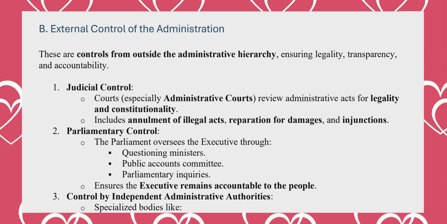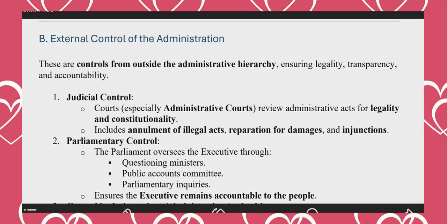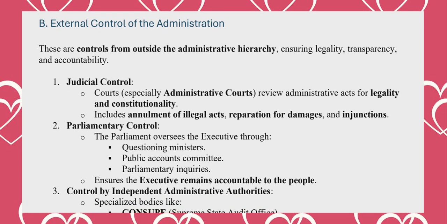So when the parliament enacts a law that gives a function to the administration, it is one aspect of administrative law, and as a result, it is one of the ways that the parliament can use to control the administration. So here we talk of parliamentary control. They make sure that the executive remains accountable to the people.